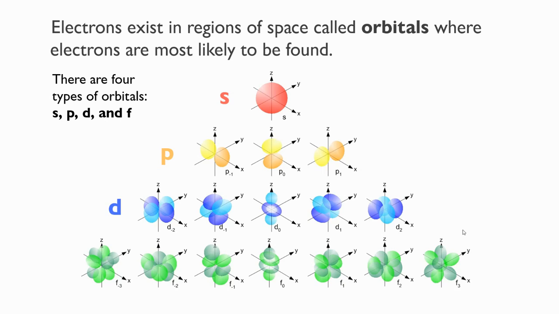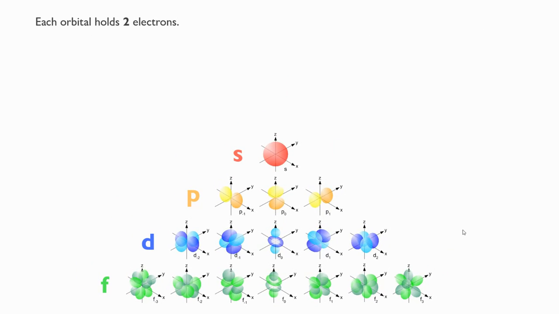Four of them look kind of similar, and then the middle one is like a donut with two balls. It looks kind of weird. And the f orbitals are pretty complex as well. So there are seven f orbitals, five d orbitals, three p orbitals, and one s orbital. That's important to note. We're going to look at that here in a second.